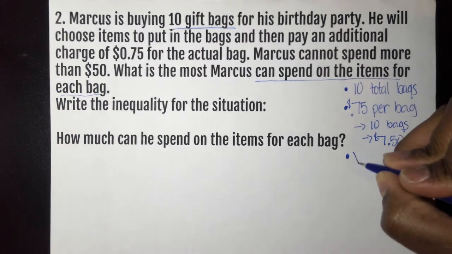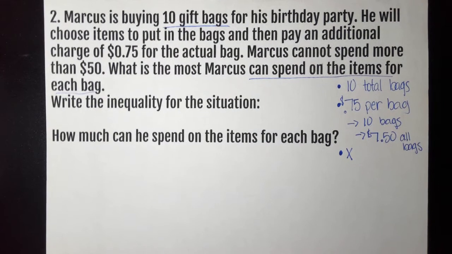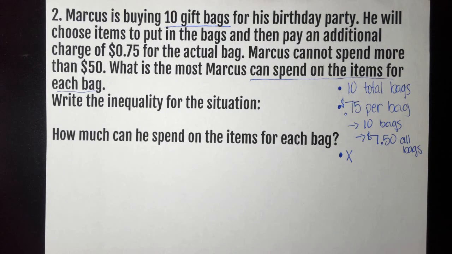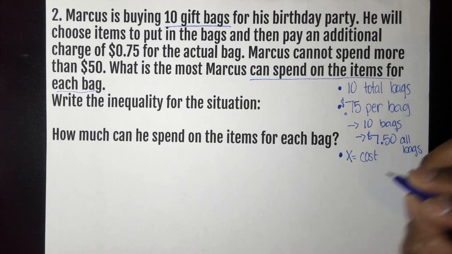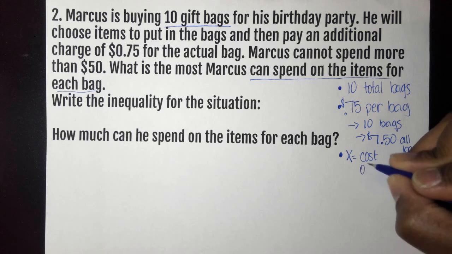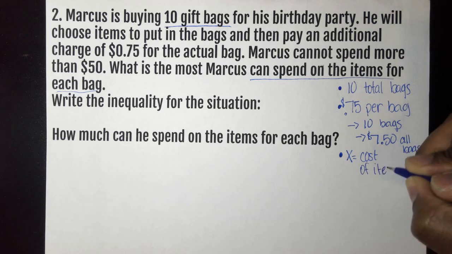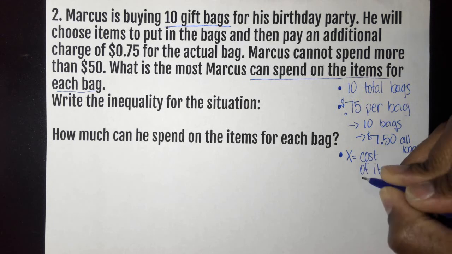So that is going to be our X. What we're looking for in this case is how much he can spend, because we don't know how much that is. And when we don't know something, we call it X, or we call it a variable of some sort. In this case, we're going to call it X. So that means that X is the cost of the items in the bag.